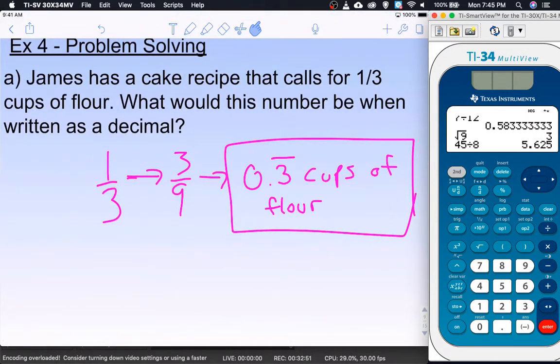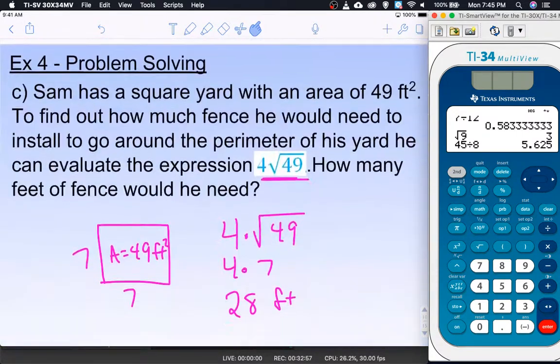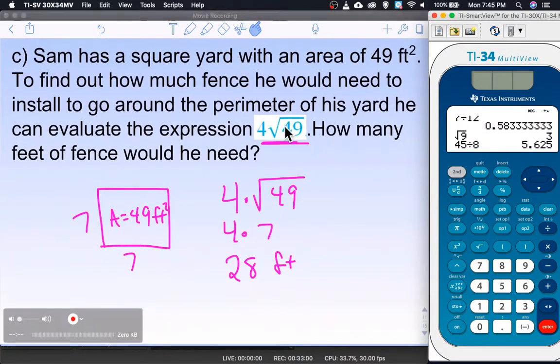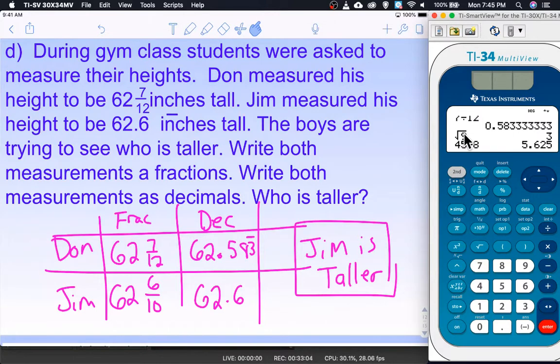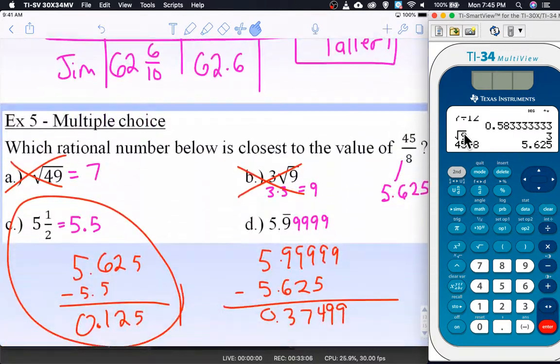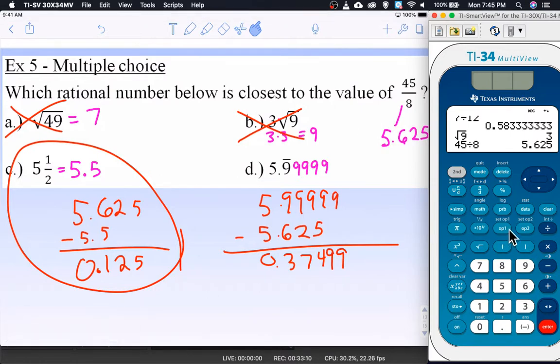And then we just had some application problems that kind of rounded out the same types of problems. Changing fractions to decimals and decimals to fractions, evaluating an expression, changing fractions to decimals and decimals to fractions again, and finally figuring out which one of these has the closest value, and we learned to do that. You find a difference, which is a subtraction.